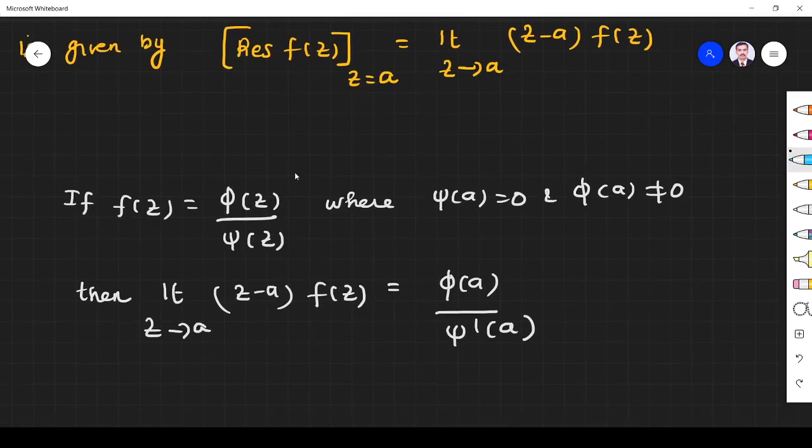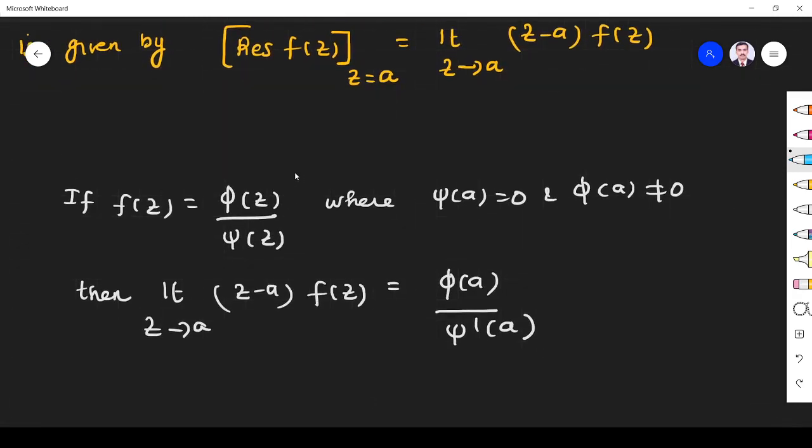Second one: if f of z is a function of z in the numerator and a function of z in the denominator, where the denominator has a value of 0 when you substitute the pole but the numerator is not 0, that is, psi of a, where psi of z is the denominator, is 0 at z equal to a and the numerator is not equal to 0, then the residue is given by limit z tends to a of (z minus a) f of z.